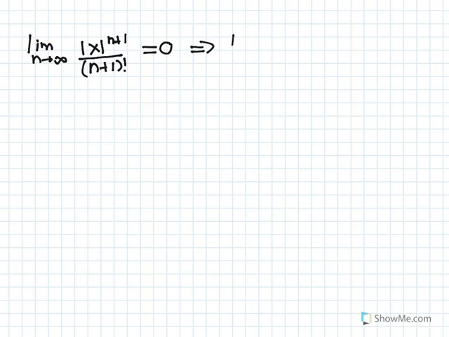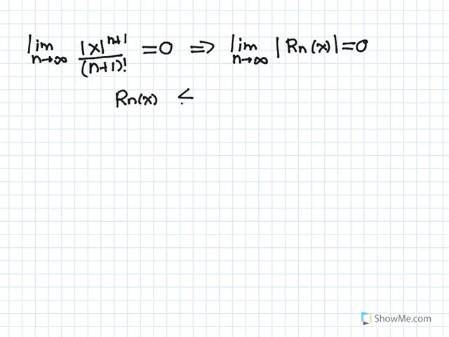That means that we have proven the limit as n approaches infinity of absolute value of Rn of x is equal to 0. Now we know that Rn of x is less than or equal to absolute value of Rn of x and larger or equal to minus absolute value of Rn of x.